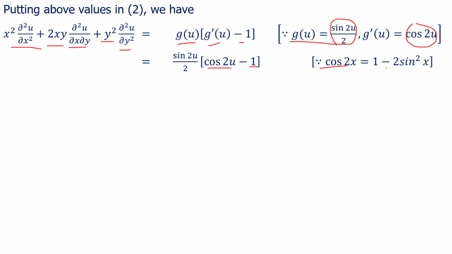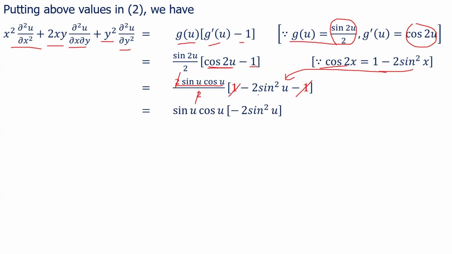But cos 2x is 1 minus 2 sin square x, and sin 2u is 2 sin u cos u. So cos 2u is 1 minus 2 sin square u, minus 1. So this plus 1 and minus 1 will cancel. There should be a minus sign, and this 2 will also cancel, so minus 2.